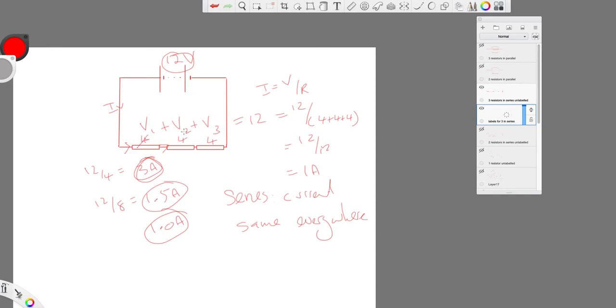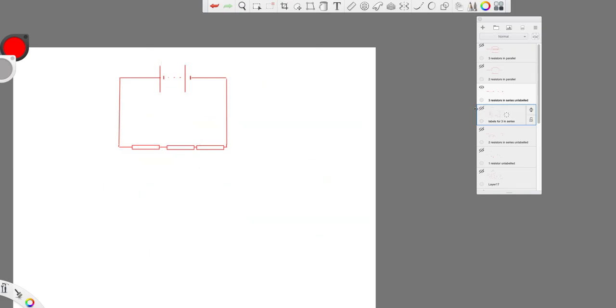Just if we made those 8 ohms each would still have 4 volts, just in case there's any confusion that the PD goes with the resistance. It doesn't in that sense. The values are not the same, but if the resistors are the same value, then the PD across them will be the same. So that's resistors in series.